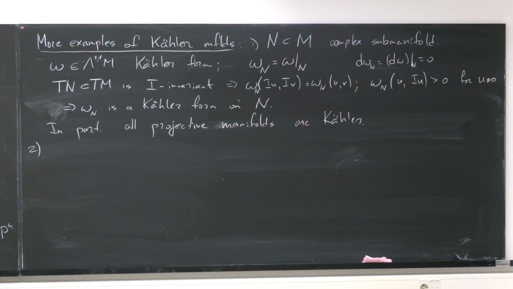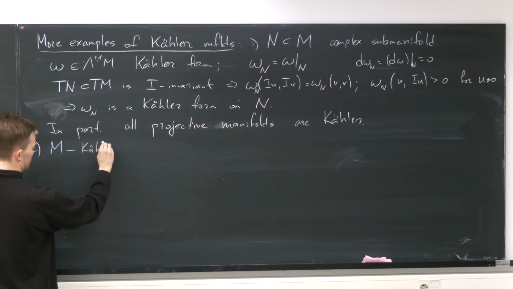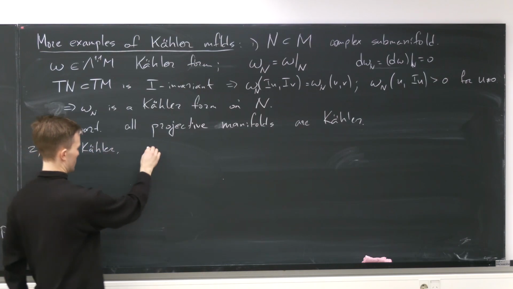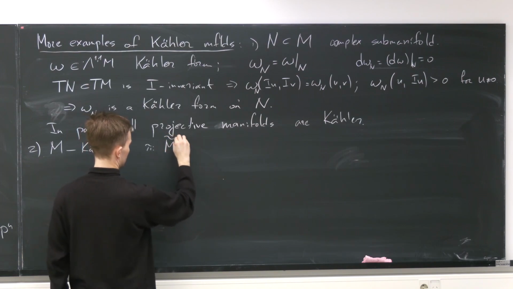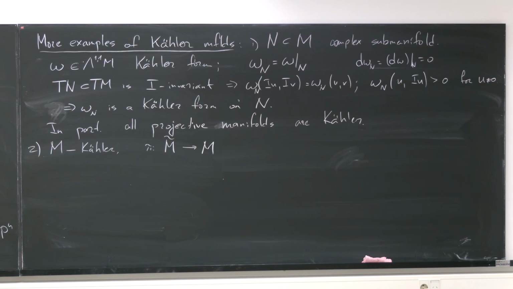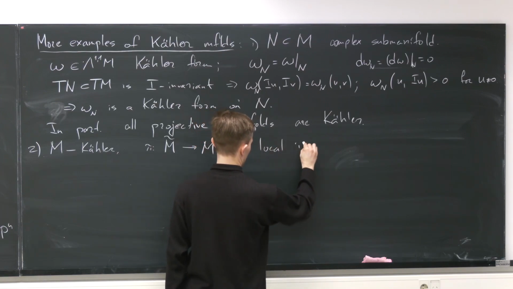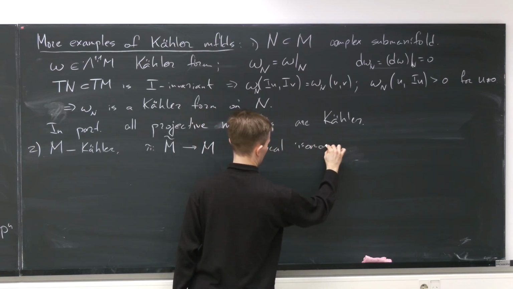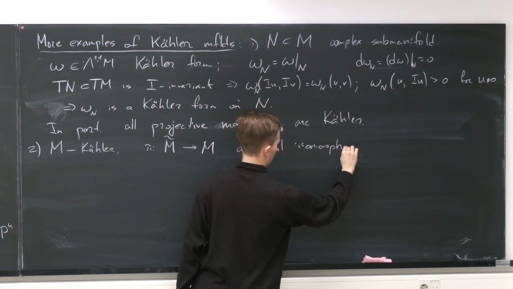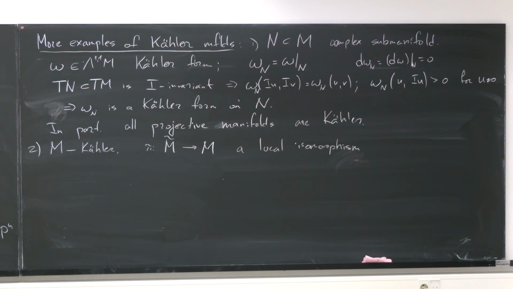So, for example, if M is Kähler and we take some covering, or you may say a local isomorphism, so it does not have to be a covering, a local isomorphism. This means that every point in M tilde has a neighborhood which maps isomorphically to an open subset in M.